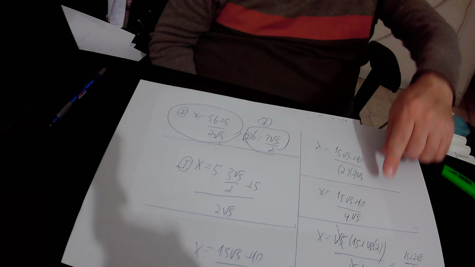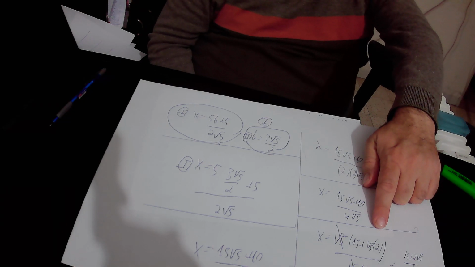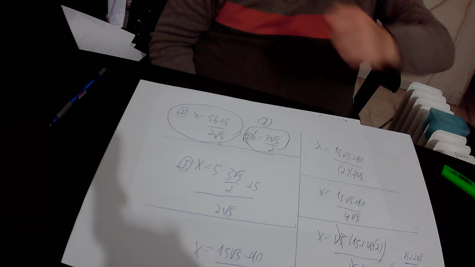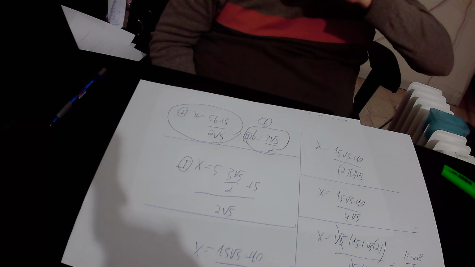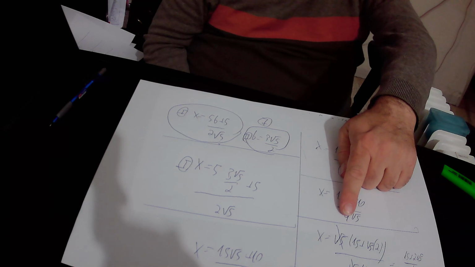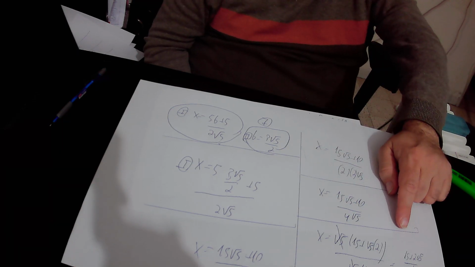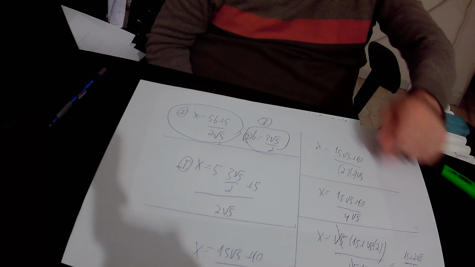What is left is actually square root of 5 times 2. Why? Because square root of 5 times 2 times square root of 5 is 10. All divided by square root of 5 times 4. So here we have square root of 5 in the numerator and square root of 5 in the denominator, so square root of 5 will get cancelled. And we are left with x equals (15 plus 2 times square root of 5) over 4.